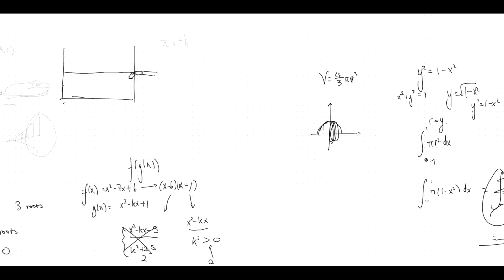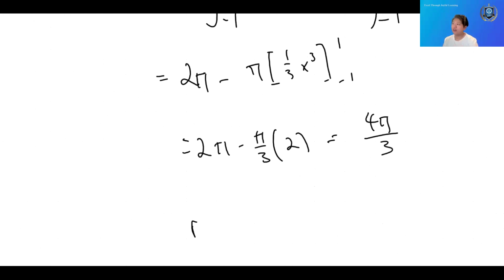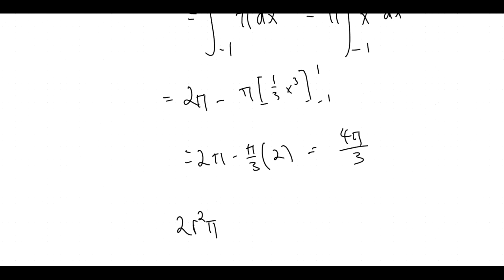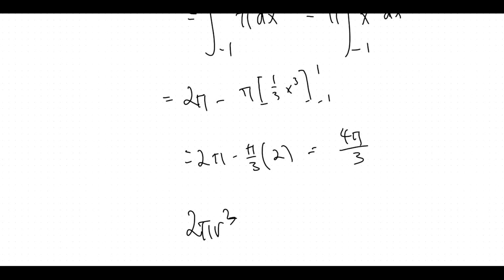The only thing that would change is that rather than 2 pi, you would get 2 R squared pi, or in the other case, 2 pi R squared. And then from here, you'd get, well, not pi R squared, pi cubed. My bad.